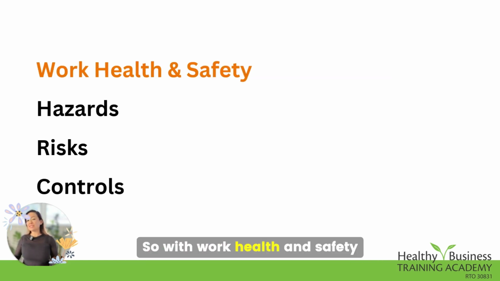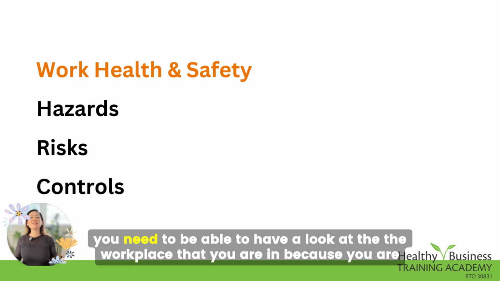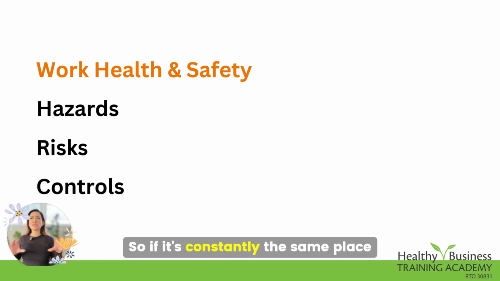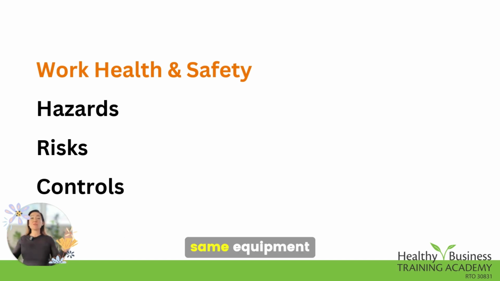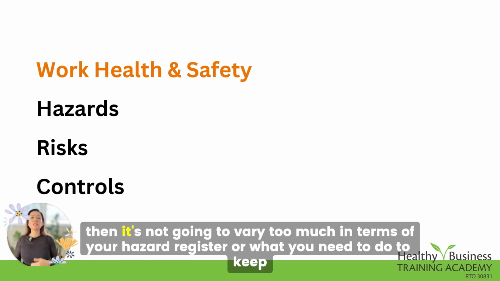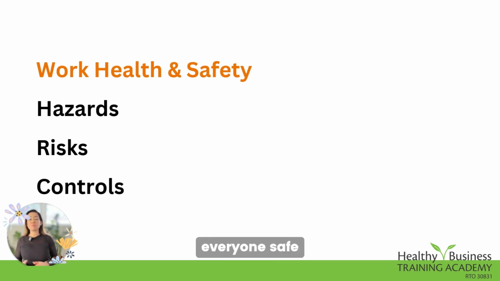Okay, so with work health and safety, you need to be able to have a look at the workplace that you are in because you are responsible for your learners' health and safety. So if it's constantly the same place, same equipment, everything's the same, chemicals, etc., same type of cohort of learners, then it's not going to vary too much in terms of your hazard register or what you need to do to keep everyone safe.